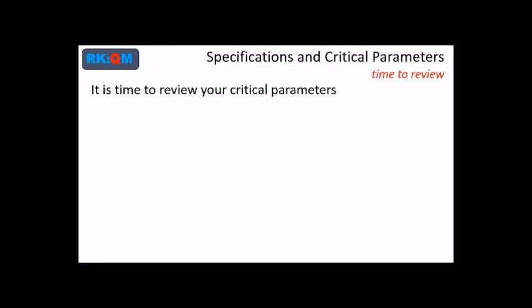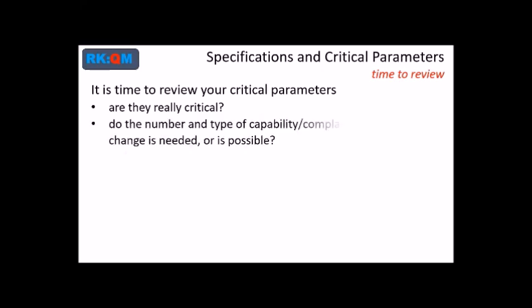So before we start creating distributions of data we collect, perhaps we should review our critical parameters. Are they really critical? Do the number and type of capability or complaint reports suggest a change is needed or is possible?